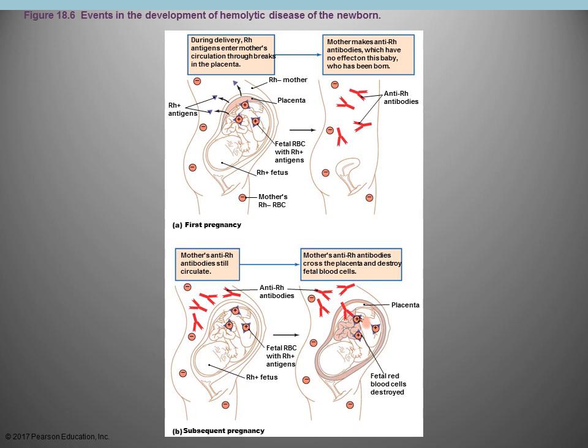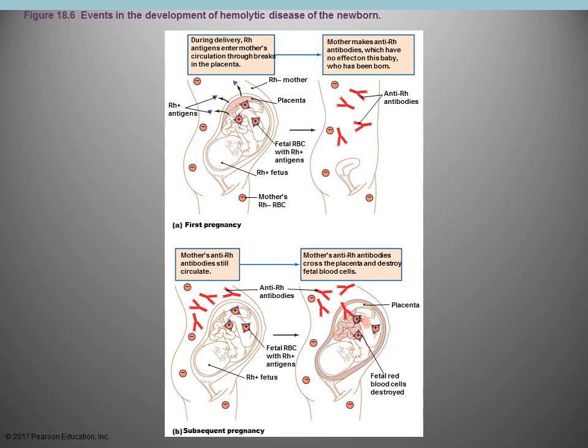Usually around week 28, they will give her a shot of Rogam, and then right after delivery, they give her a second shot. The idea is that this ties up any of the antigens, hopefully preventing her from ever producing those anti-RH antibodies.